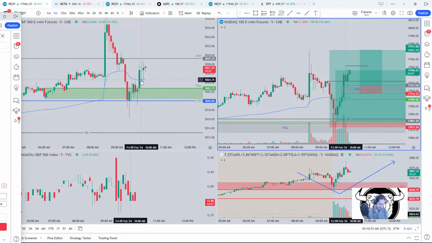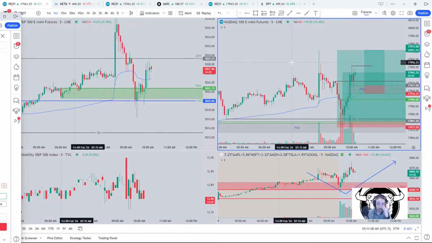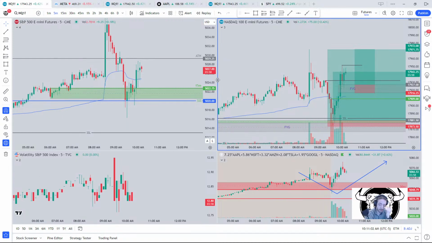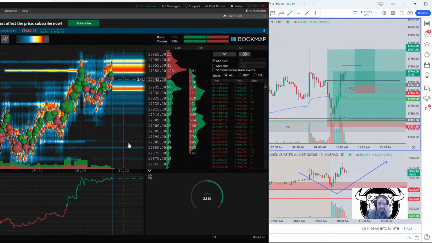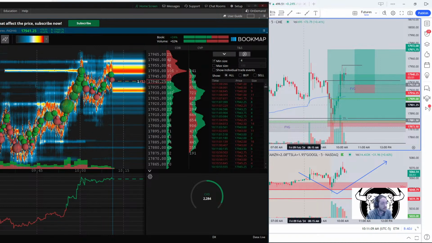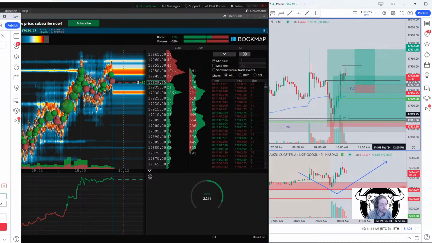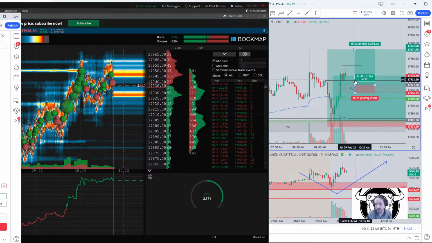Let's go, buyers. But let's see. They're hitting a whole lot of sell orders up here. Really need them to continue up. 930 would be a potential floor, which is way down here.